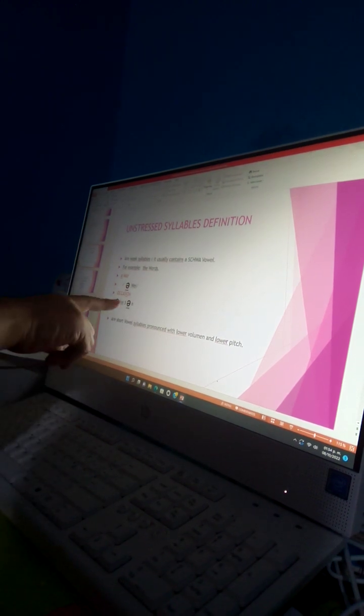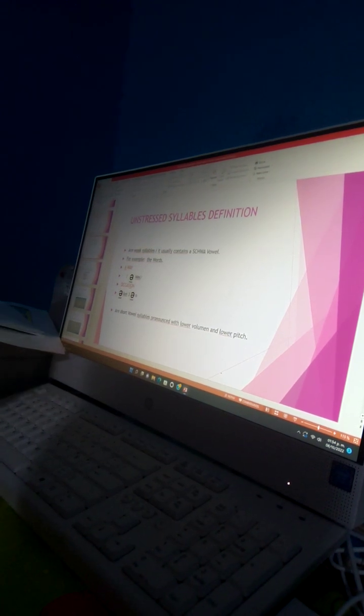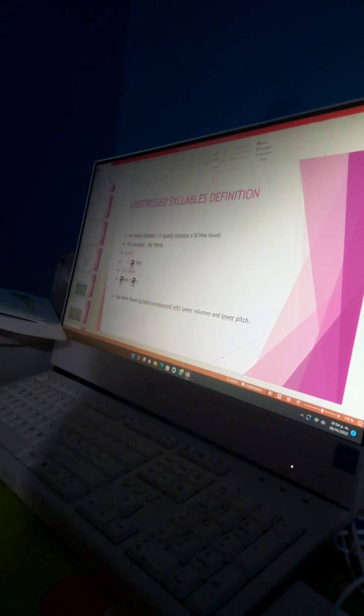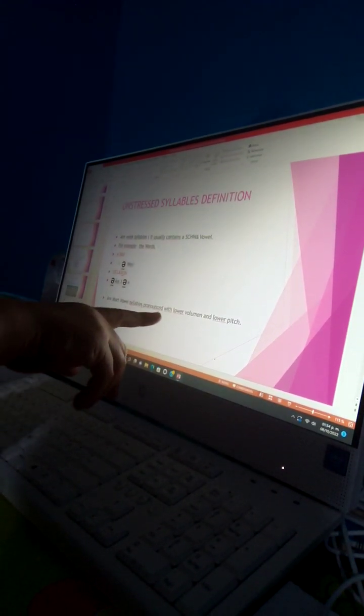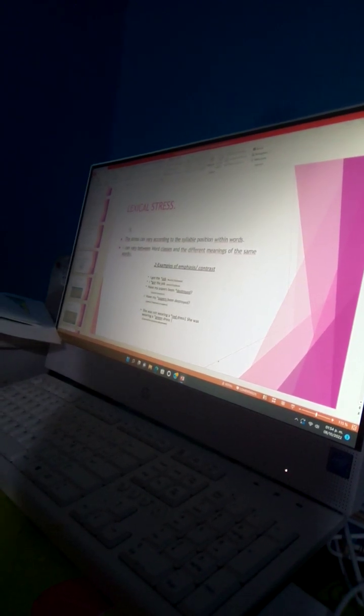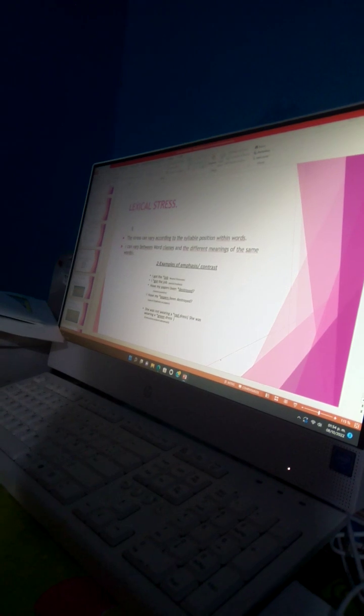All right, you see here the schwa vowel. That means that when you pronounce the syllable, it's low, lower volume. Away, occasion. And they are short vowel syllables pronounced with lower volume or lower pitch. Okay, the pronunciation is weaker than the stressed syllables.